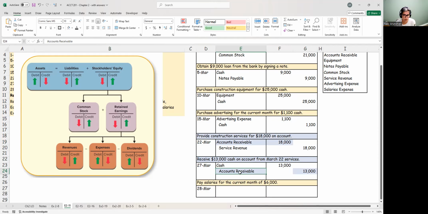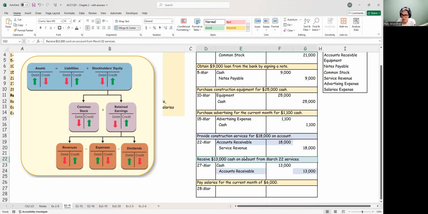I'll be overstating my revenue, and the accounts receivable will still be at 18,000. So that's also overstated. Can you imagine if you are the customer and I send you a bill again for 18,000 and say, hey, you haven't paid me 18? You're going to say, I paid 13. So accounts receivable is credited in this journal entry, not service revenue.